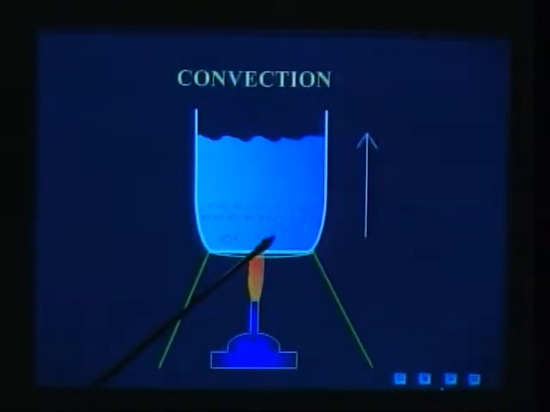Next layer gets heated up, then also its density decreases and it comes up. In this way, the complete liquid gets heated up because of the density difference. This convection is also possible in gases, and in so many examples we will observe that this convection is taking place.